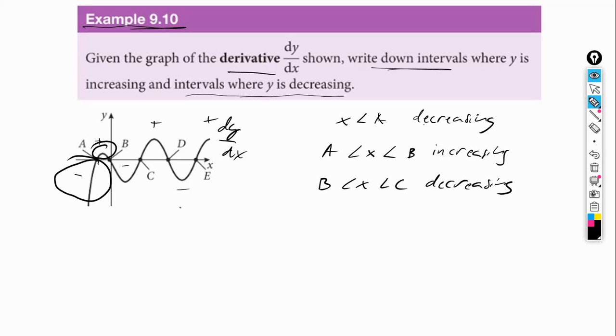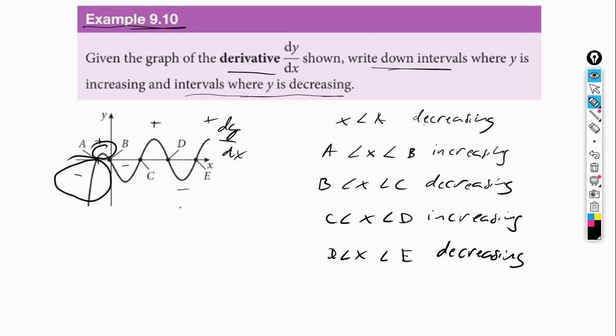Then if x is greater than c, but less than d, it is increasing. If x is greater than d, but less than e, decreasing again. And then finally, if x is greater than e, it will be increasing.